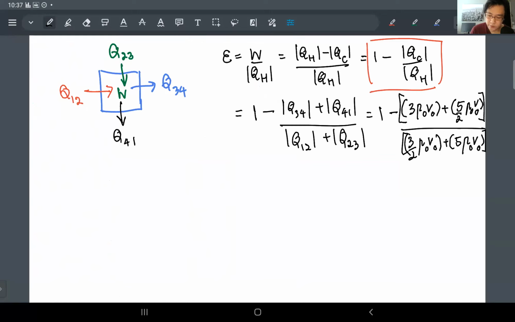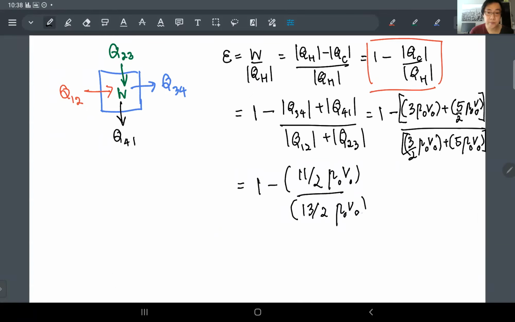What else? Right over here, it's going to be 1 minus. Let me work out the number a bit. It's 3 plus 5 half, so it's going to be 11 over 2 on top, P naught V naught. Just check my algebra as well, guys. Maybe I could do something wrong here. That's going to be 13 over 2, P naught V naught. Right.